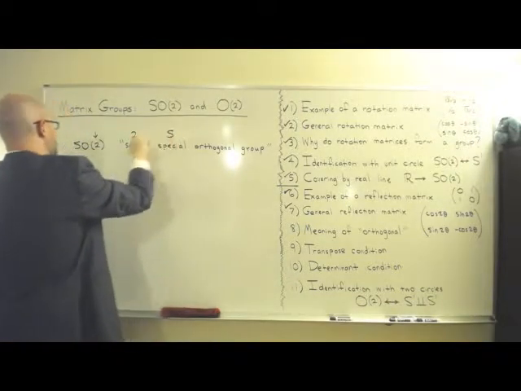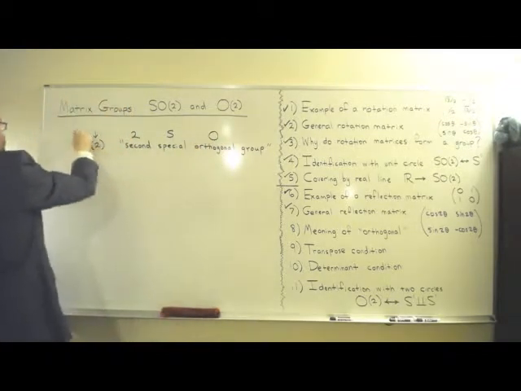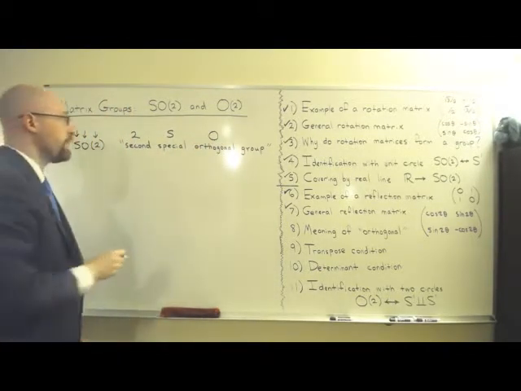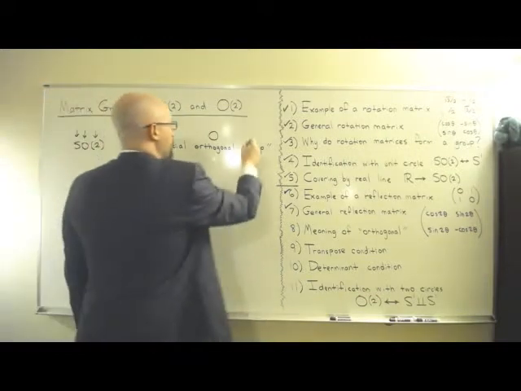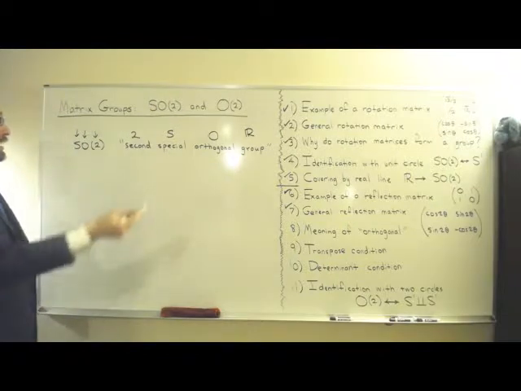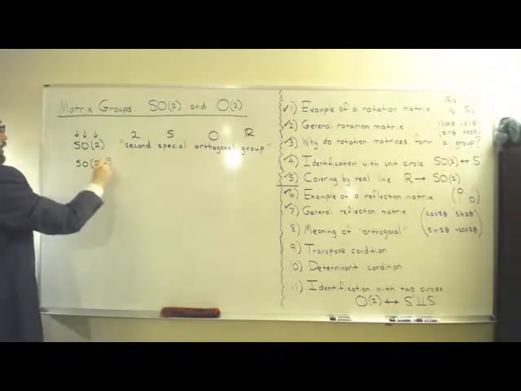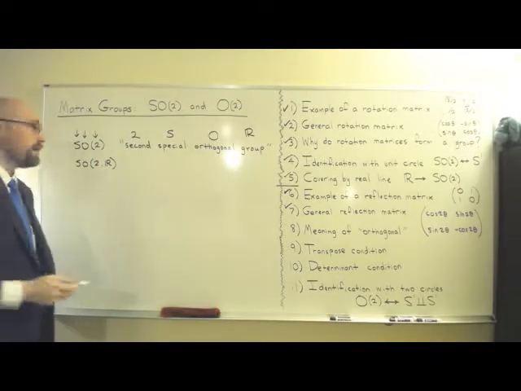And the special, that's where the S comes from. And the orthogonal, that's where the O comes from. And of course I also told you that we are assuming the entries are in the real numbers. So there's that as well. I think maybe at one point I wrote SO2 semicolon R or something like that.